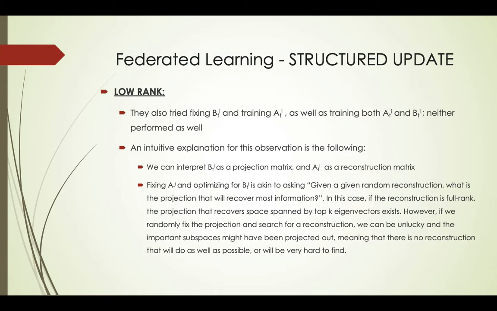They also tried fixing B_i^t and training A_i^t as well as training both A_i^t and B_i^t. Neither performed as well. An intuitive explanation for this observation is the following. We can interpret B_i^t as a projection matrix and A_i^t as a reconstruction matrix.